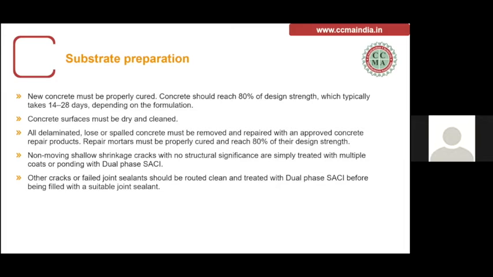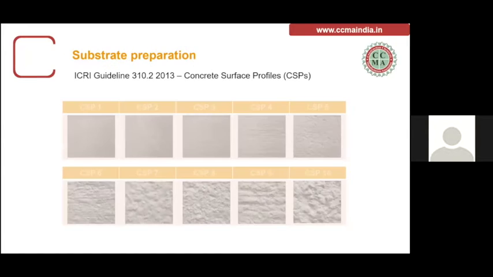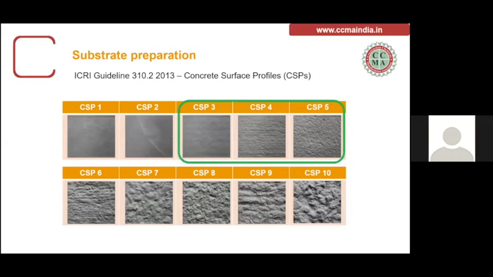In fact, the crack becomes an added benefit, because the material can go inside more than it can through the surface. So that's in fact a favorable condition for the structure, as the material will penetrate still further. The surface concrete profiles should generally be as per the ICRI guidelines, in the CSP 3 to CSP 5 profile.